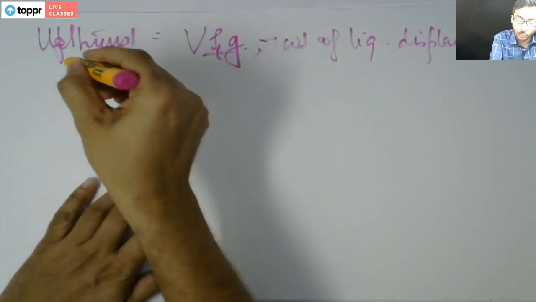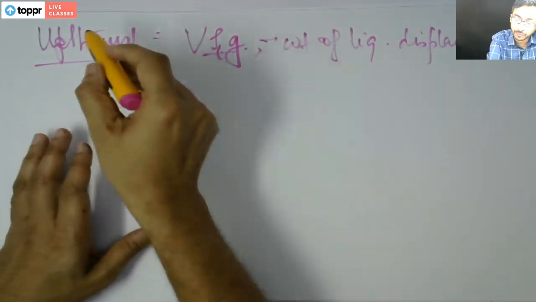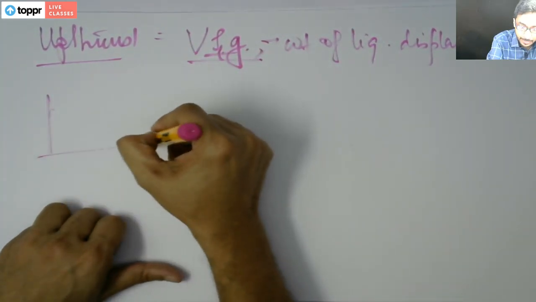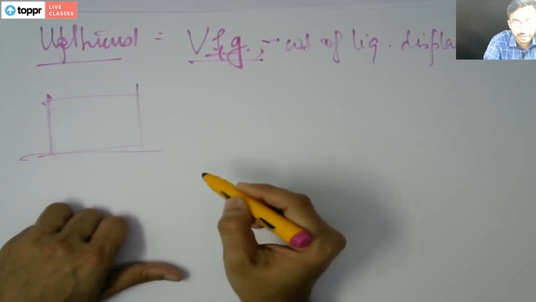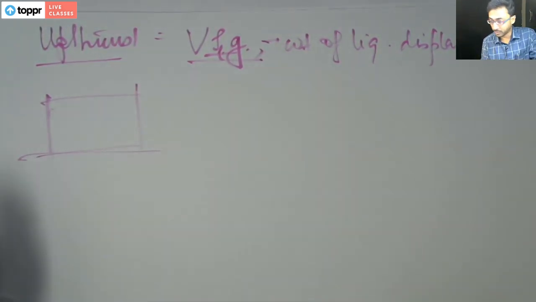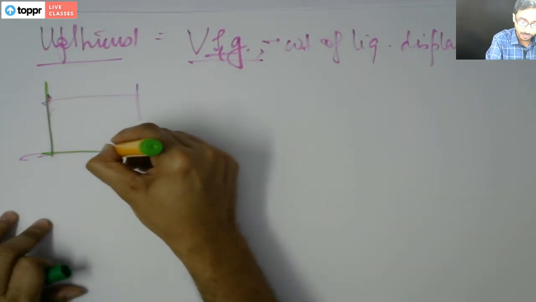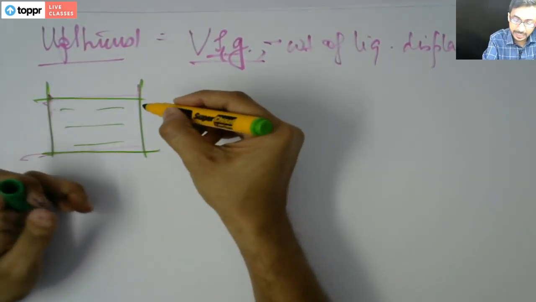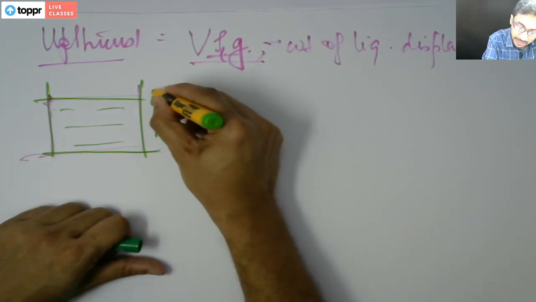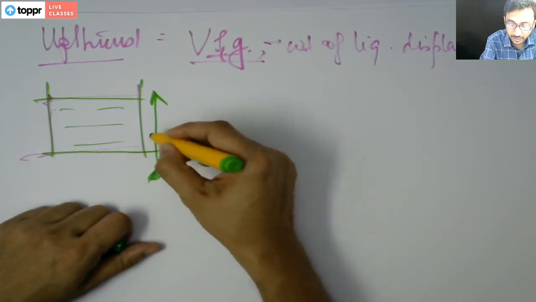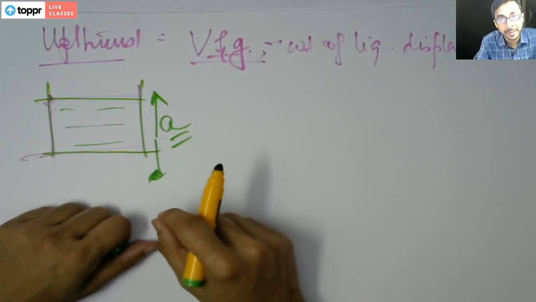Now we have derived this formula assuming this liquid is stationary. This liquid is not moving. Now suppose this liquid is not stationary, but it is accelerating with an acceleration a.